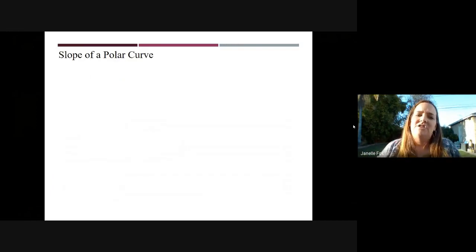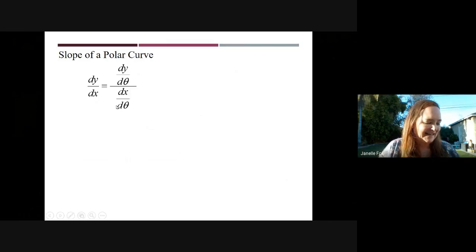You are going to need to do slope of a polar curve, okay? So we're going to write this down in the box on our note packet, and it's going to look familiar. It's going to look very parametric style, and that is exactly what it is. In polar, we always have r equals something in terms of theta, so theta is now going to be our parameter.